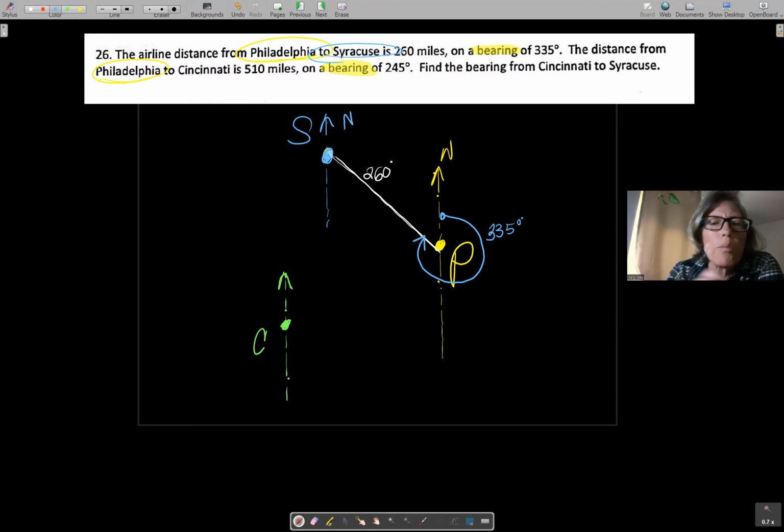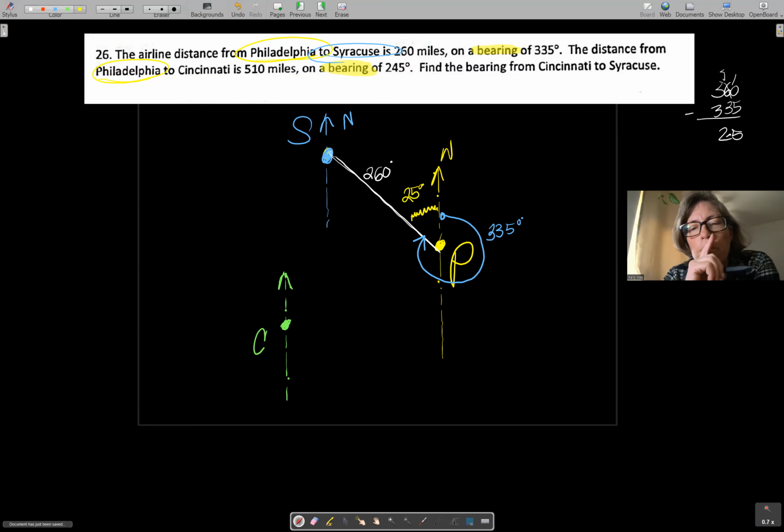Step one, we want to get this little angle here because it's going to be helpful to us. Even if it isn't, you should just get it anyway. That's of course going to be 360 minus 335, and we get a 25-degree angle here.